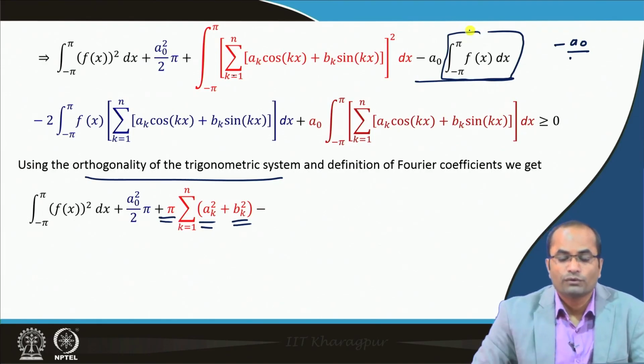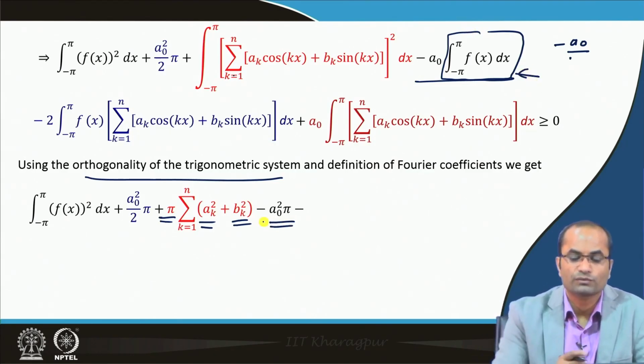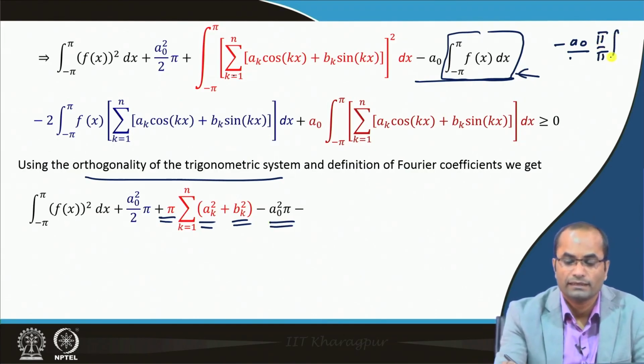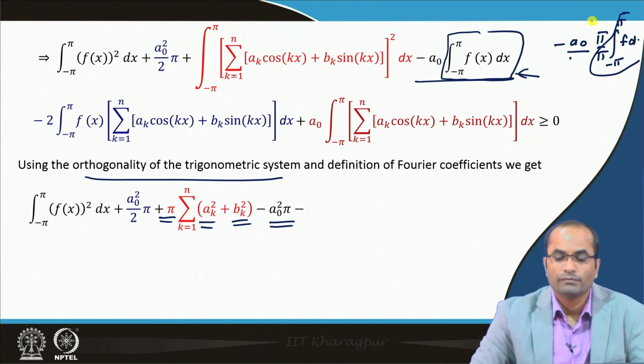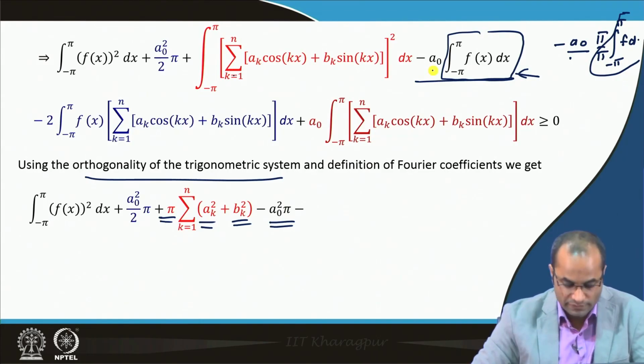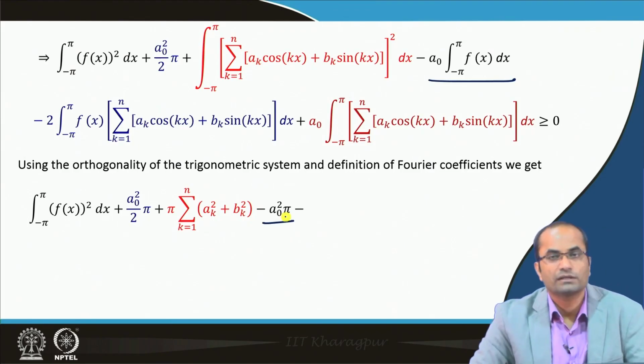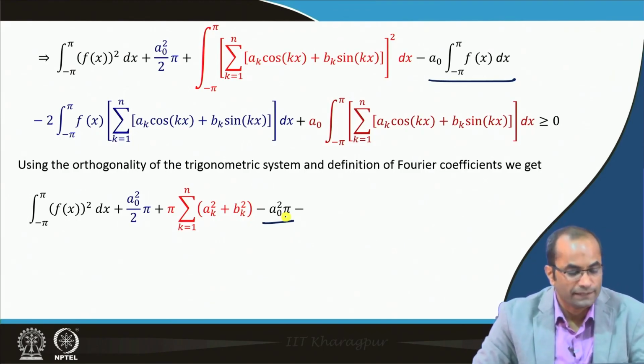That is the Fourier coefficient a_0 we can relate here. If we multiply by pi and divide by pi, then we have the integral of f dx with 1 over pi, and that will become a_0. So, we have minus a_0 square, and then pi will be there. Corresponding to this we are getting a_0 square and pi.